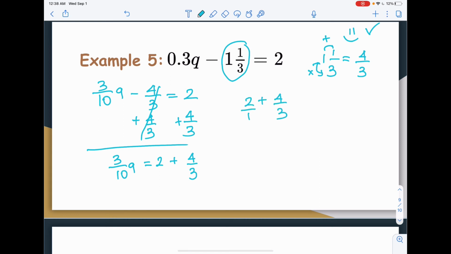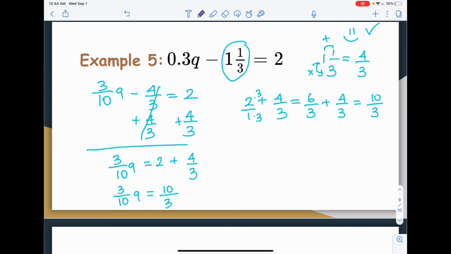Let's put 1 under, and then we have to have common denominators. To have common denominators, I'm going to multiply this by 3, but I have to do the same thing for the numerator, right? So from here, 2 times 3 will give us 6 over 3 plus 4 over 3. When you add, this will be 10 over 3. Then let's continue with the equation solution. So 3 over 10q is 10 over 3.